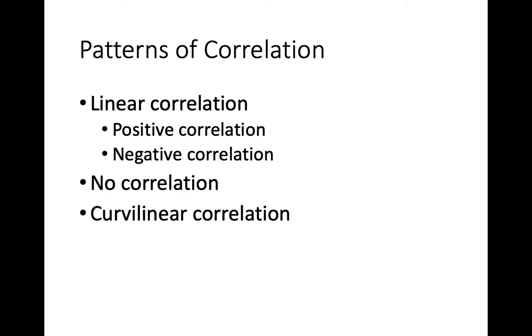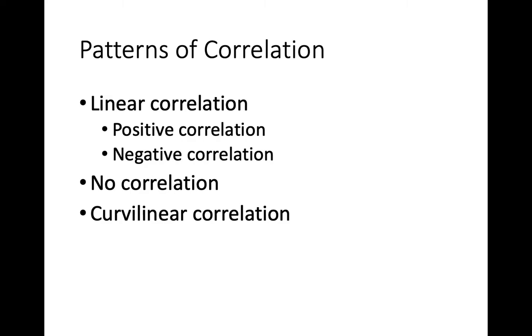All right, so there's a couple possibilities for having patterns of correlation. What we'll be mostly concerned with in this class are linear correlations. Okay, so where we expect that the relationship between two variables takes on a straight line pattern. And so having a linear correlation, the relationship can be either positive or negative.